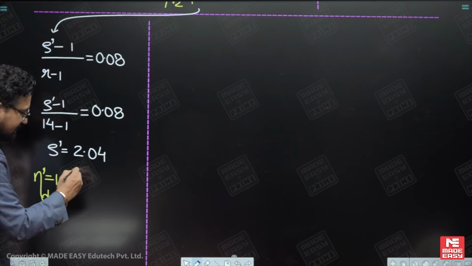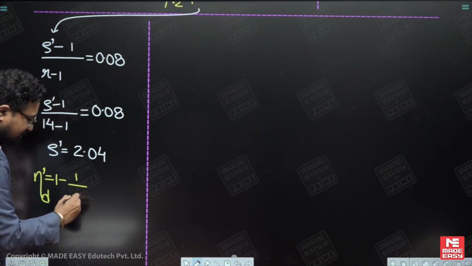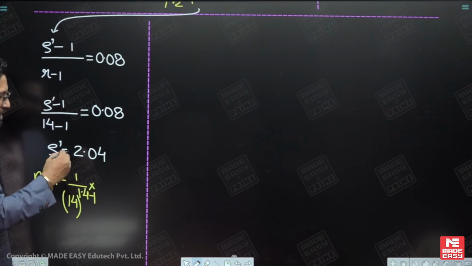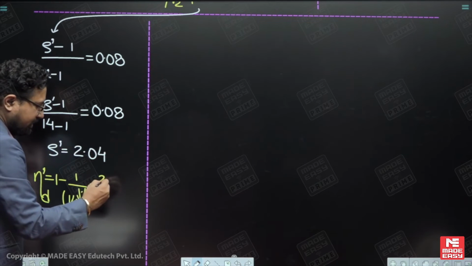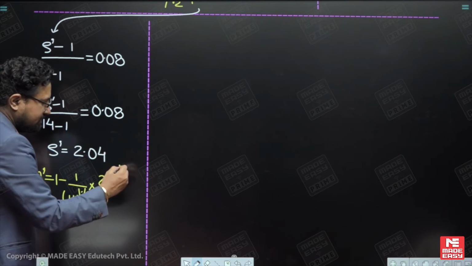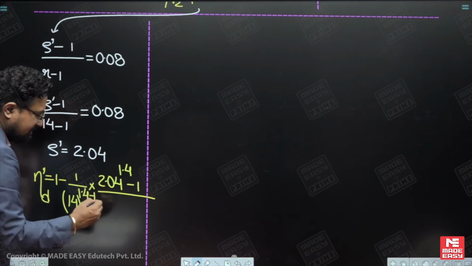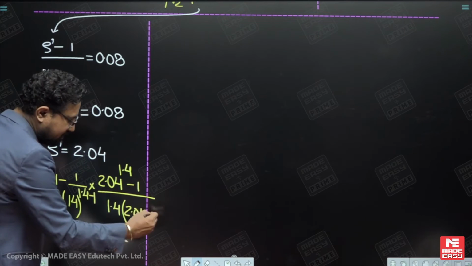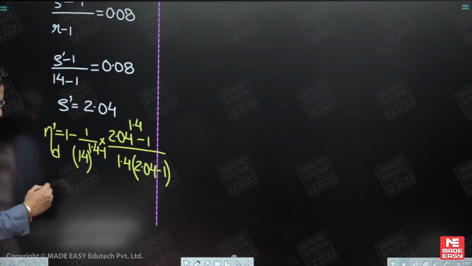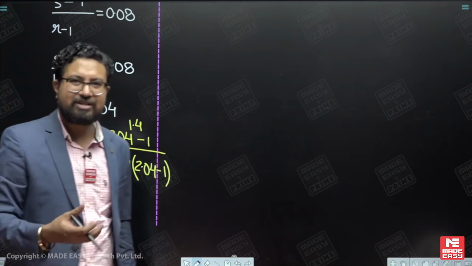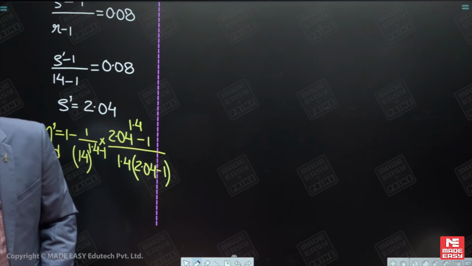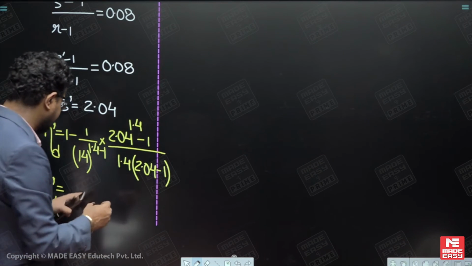It will be equal to 1 minus 1 upon R to the power gamma minus 1, that is 14 to the power 1.4 minus 1, into rho to the power gamma, that is 2.04 to the power 1.4, minus 1, upon gamma, that is 1.4, into rho minus 1, that is 2.04 minus 1.